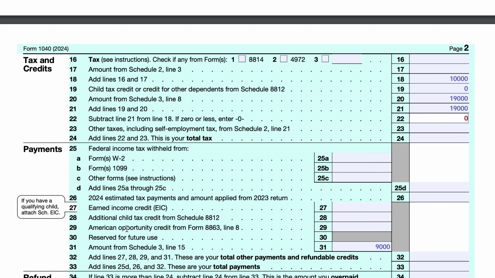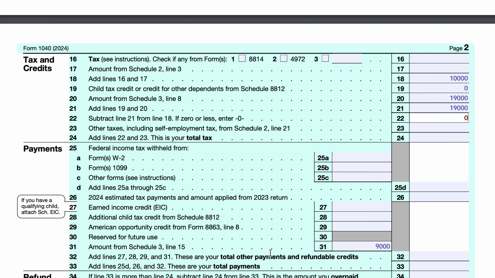Conversely, the refundable credits are in the category of payments. Whether it's taxes that were withheld or estimated tax payments, these are all refundable tax credits that are reported directly on your tax return. So the additional child tax credit and the American Opportunity Credit are reported directly on the tax return, and then this amount from line 15 of your Schedule 3.